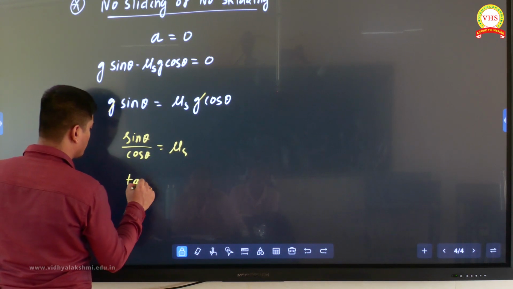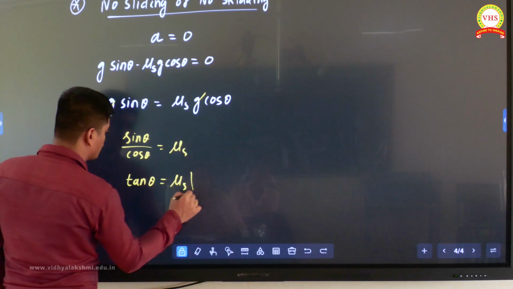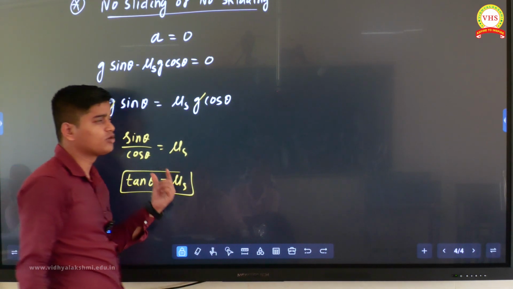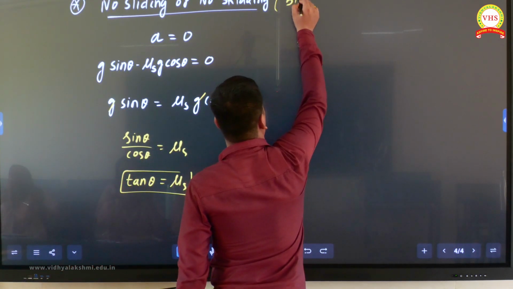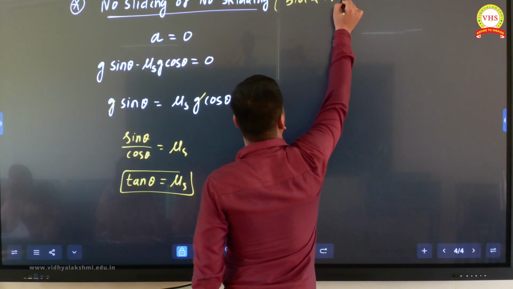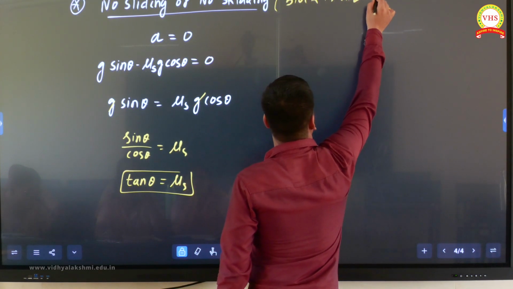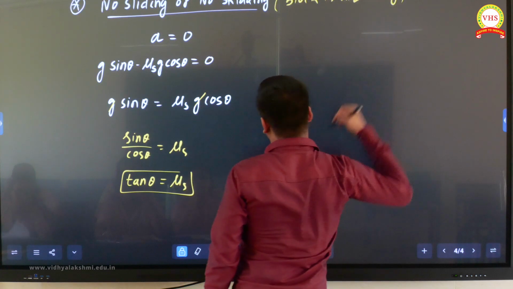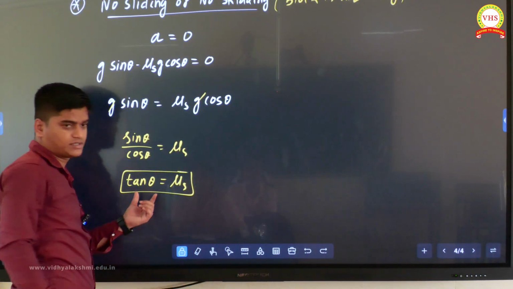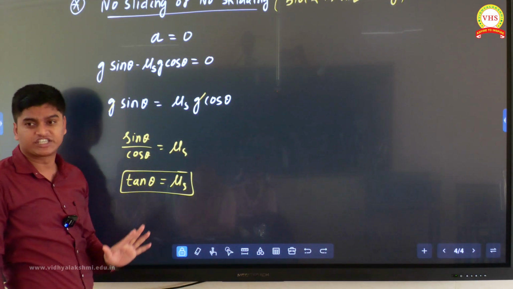That means tan theta equals mu s. So this is the condition when the block is not moving. Tan theta equals mu s: the no sliding or no skidding condition.